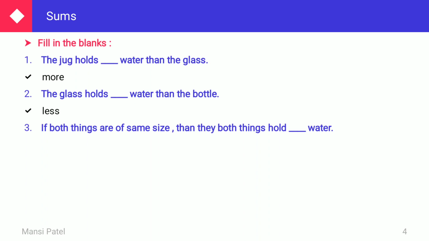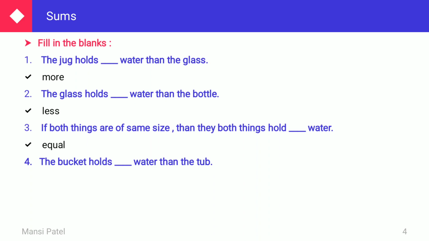If the things look the same, the capacity of both things is the same, then they hold equal water or an equal amount of any quantity. If there is water, then it is equal. If there is oil, then it is equal.